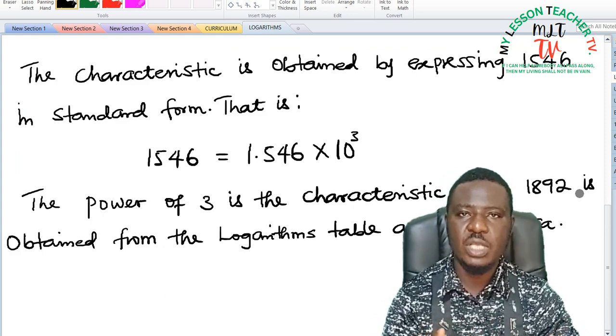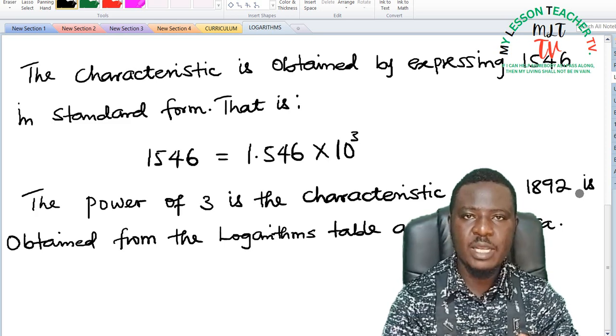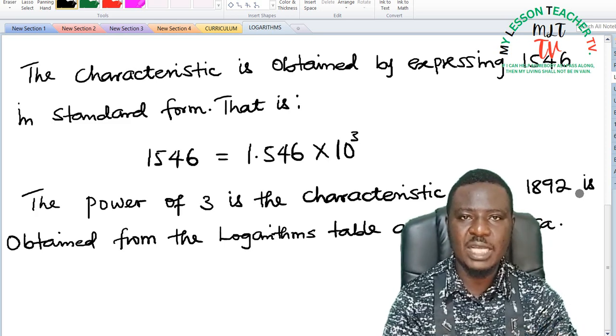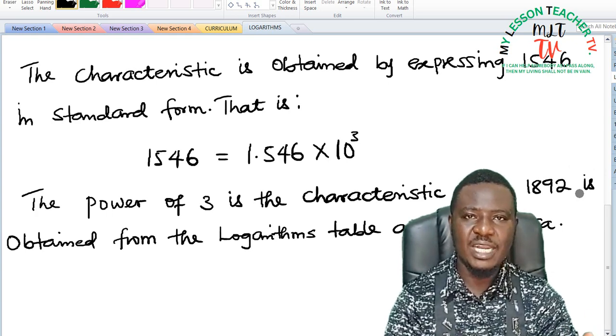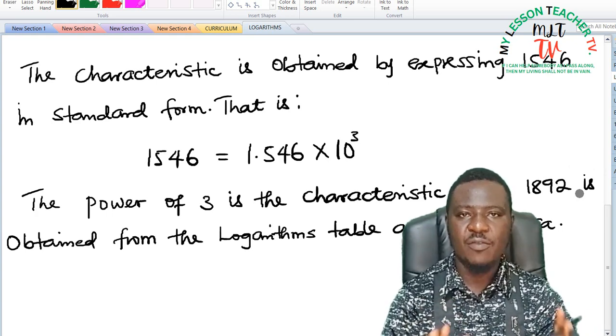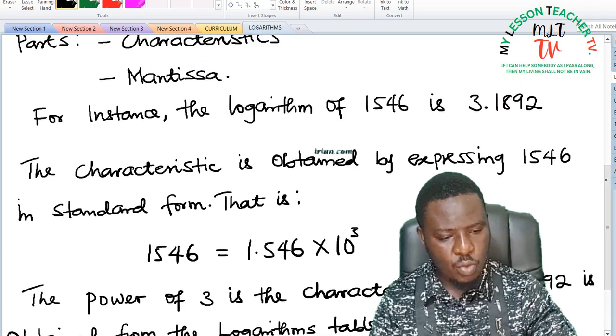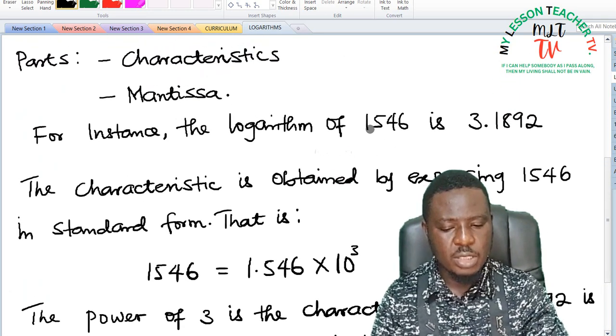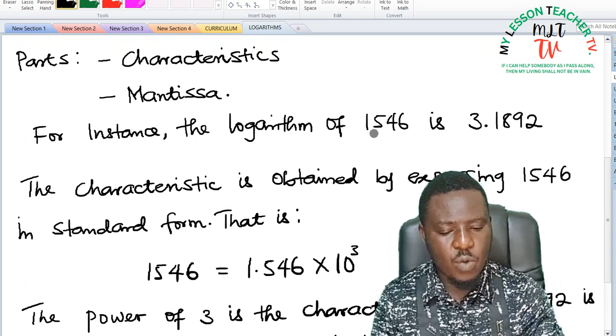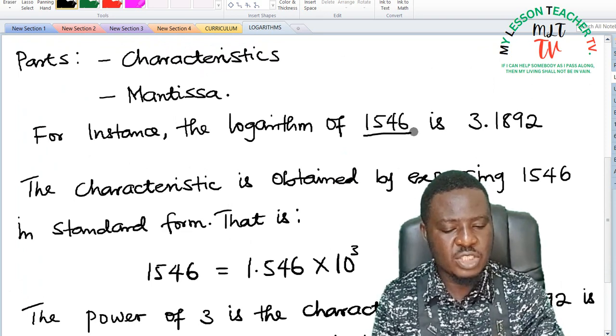I am going to use examples to explain all what I have said concerning the logarithm. Just like I said, the logarithm is divided into two parts. We have the characteristics and the mantissa. For example, we have read from the logarithm table that the logarithm of 1546 is 3.1892.